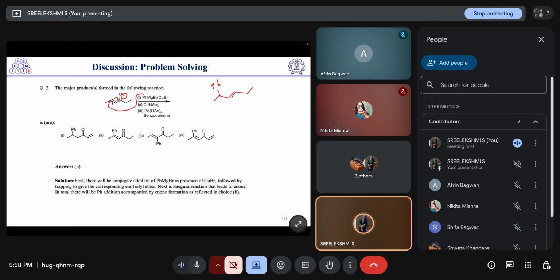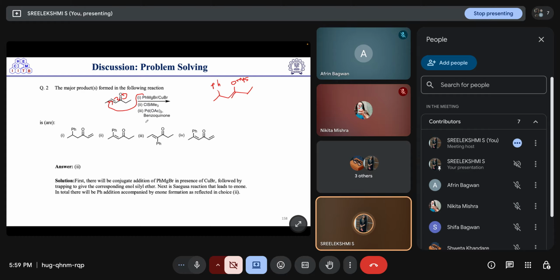This double bond will shift over this position, and here O minus will be there. So in the next step, that O minus will trap this trimethylsilyl group from this trimethylchlorosilane. So here, instead of O minus, with the next reagent, it will be OTMS. OTMS is basically oxygen attached with this trimethylsilyl group.